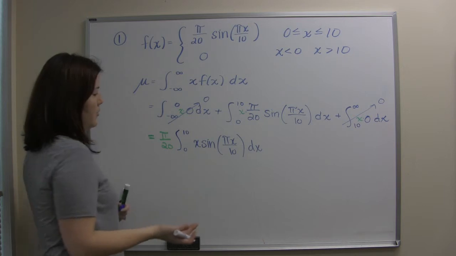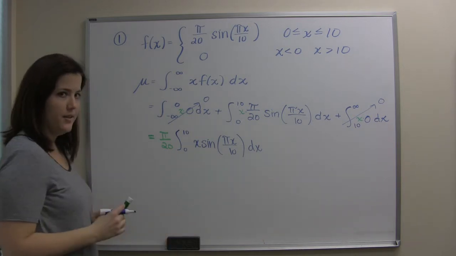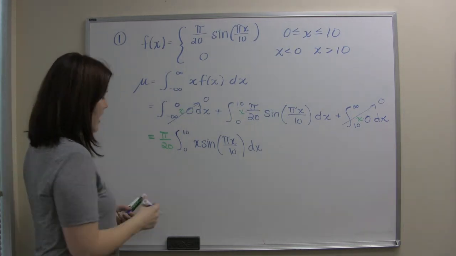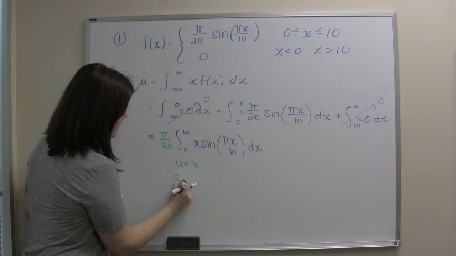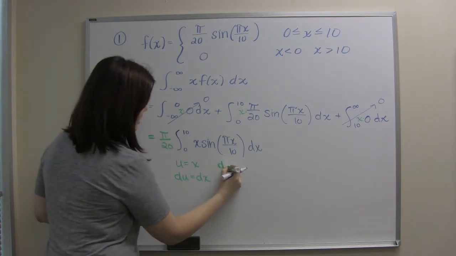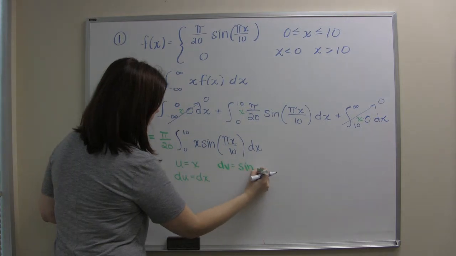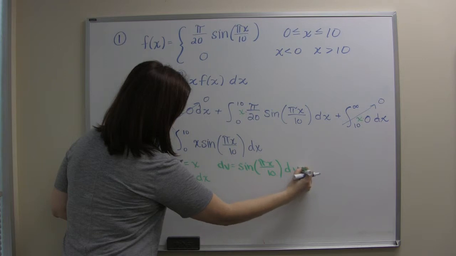We've got an algebraic term and a trigonometric term. So using my little LIATE process, I'll pick my u here to be x for integration by parts, and my du will then be dx.